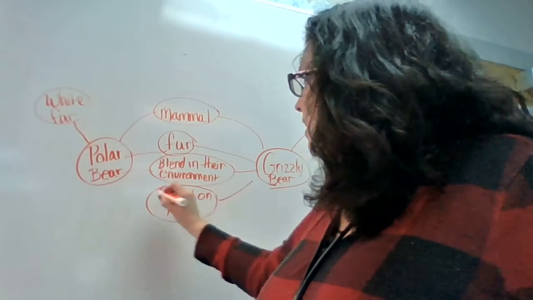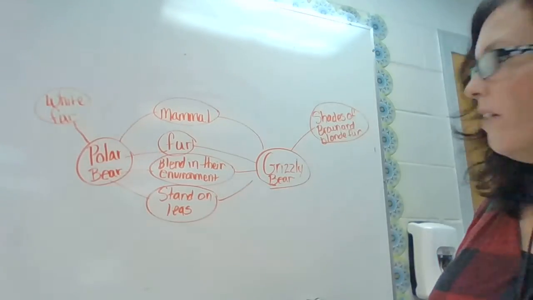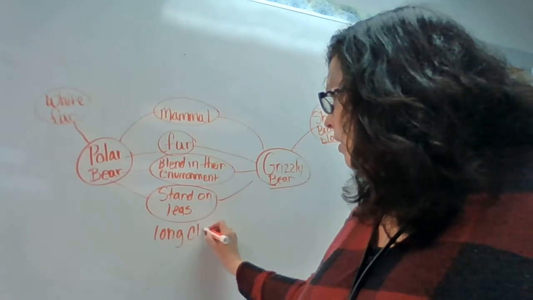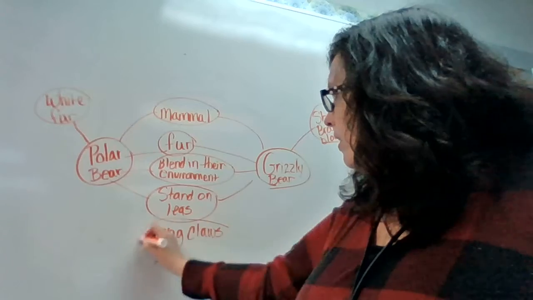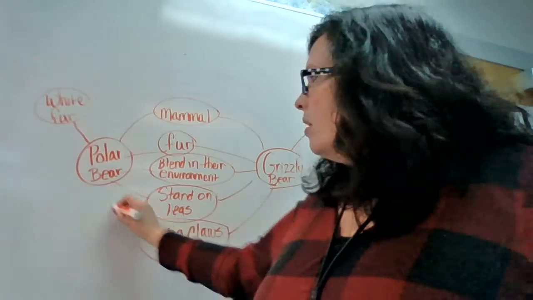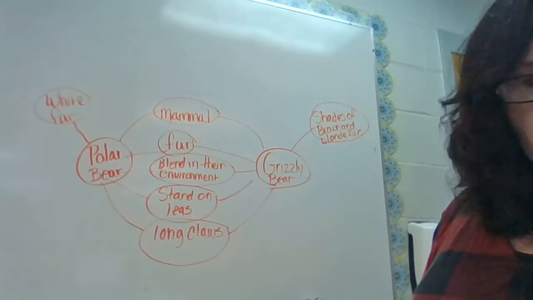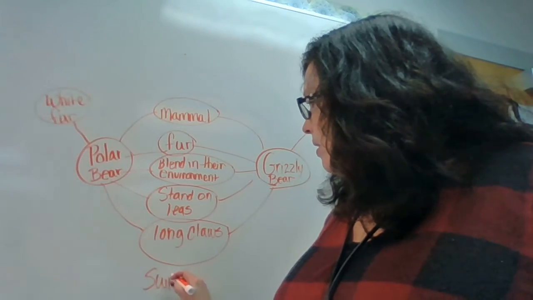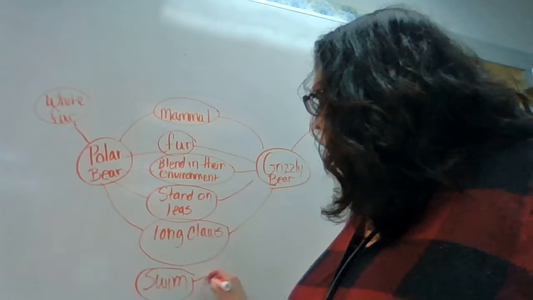Another great thing that they can do the same, right? They have long claws. Those claws were kind of scary. It looked like the grizzlies might have been a little bit longer though. And they both can swim. They swim to get their food.